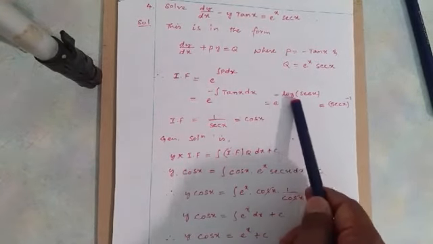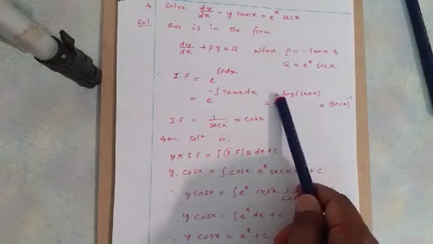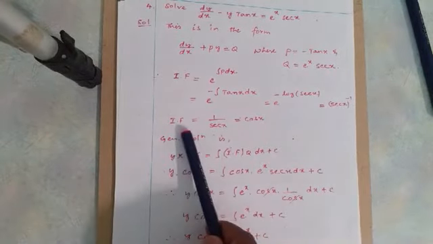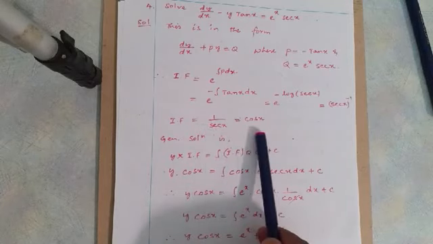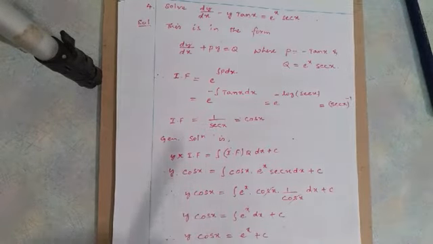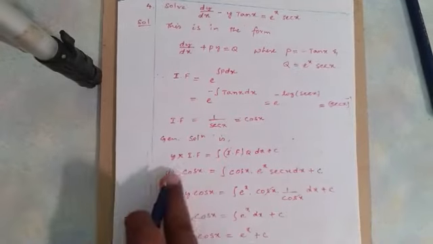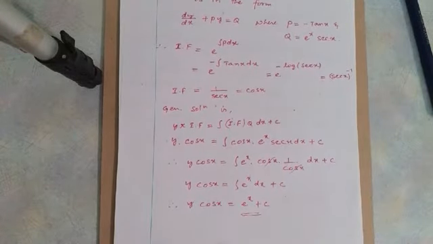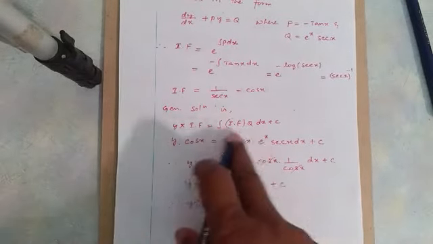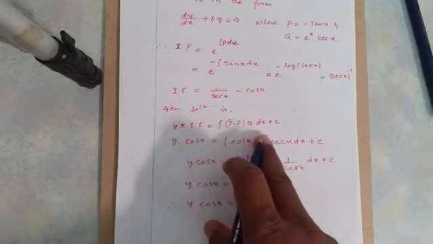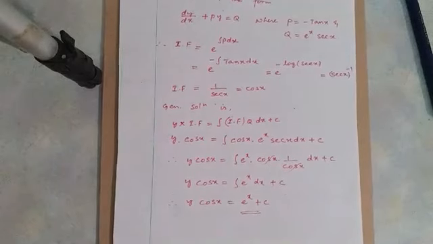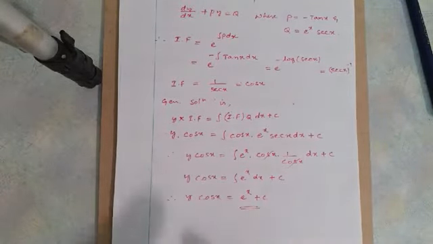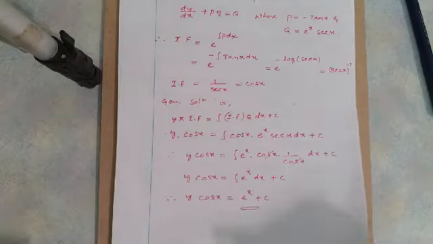Then e power log is 1, so we get secant power minus 1, so the integrating factor is 1 by secant x, which is cos x. Then the general solution is y into integrating factor equals integral of integrating factor into q dx plus c, and then we substitute and cancel, and find the solution. So this is about the fourth solution.